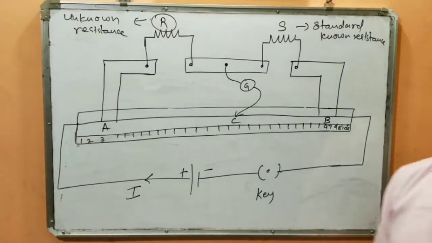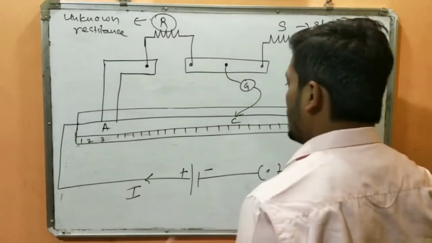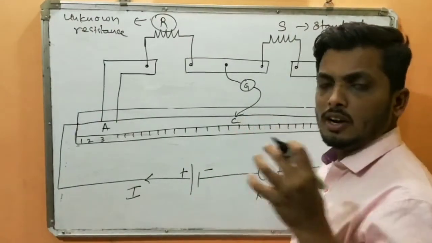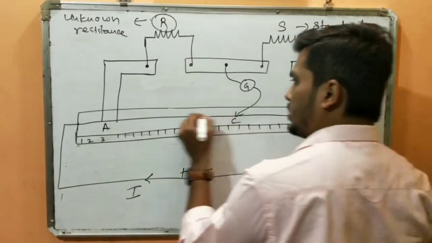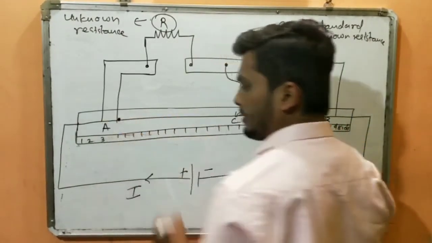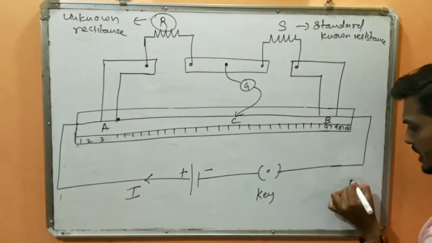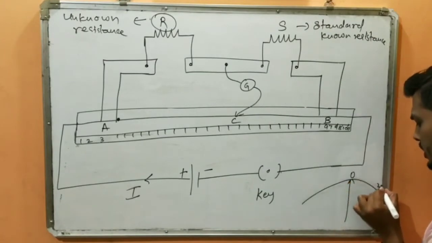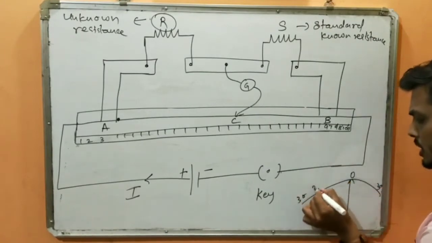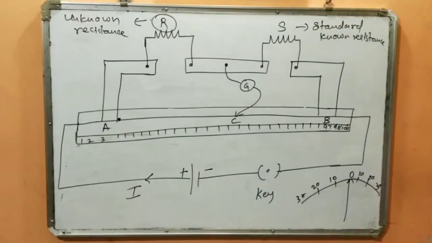Now once you turn on the battery and allow the current to flow, what is under your control is the sliding contact. You are going to take a jockey and place it here. What you will observe, again imagine a galvanometer, this is the pointer, this is the 0, with 30 divisions on each side.